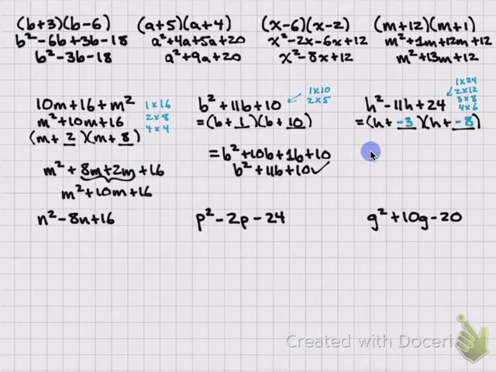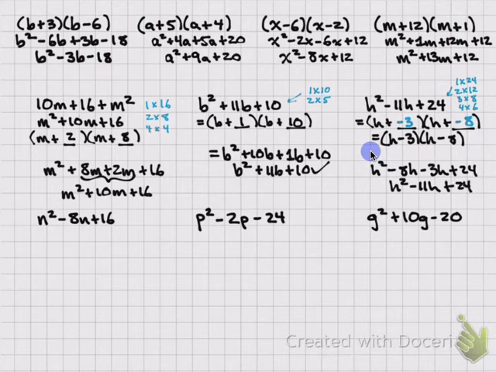Now, of course, that's a pretty awkward way to write it. So instead, I would write this as h minus 3 times h minus 8. And if we multiply this together, just to make sure, h squared minus 8h minus 3h plus 24. Let's see, h squared minus 11h plus 24. Looking good. We've successfully factored it.